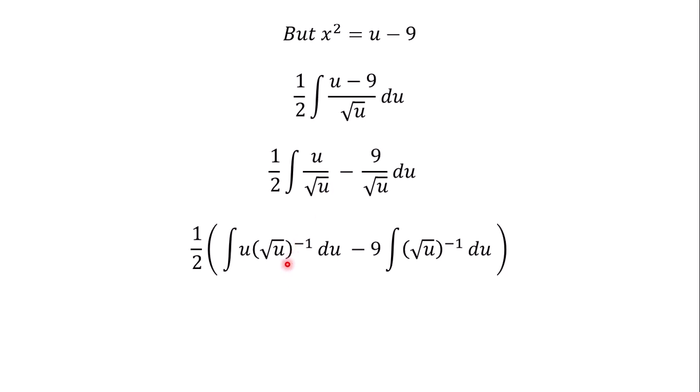And I did it this way because here we have u and here we have another u, so there is something that we can do before we integrate.